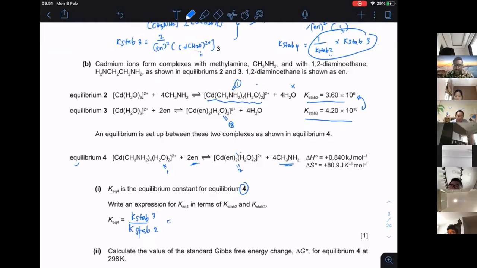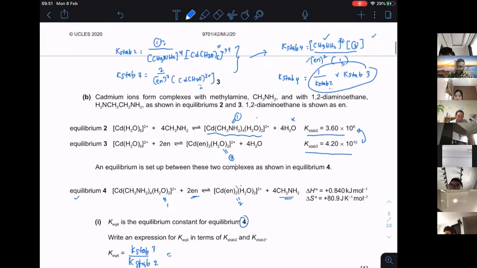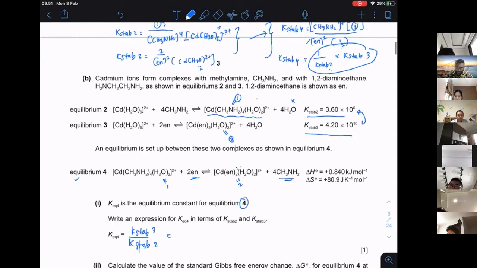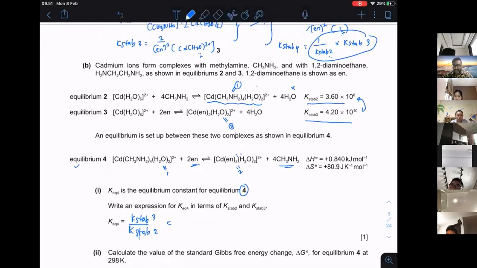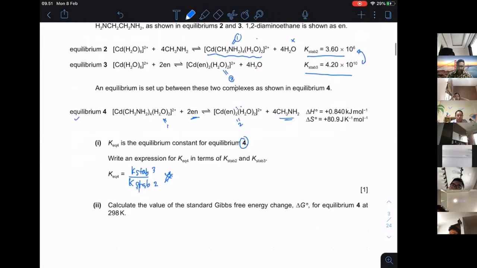You need to actually write and analyze. So I have that expression, I'll just leave it over there. Let me check the answer key. Yes, that is the expression they want also: K step 3 divided by K step 2.